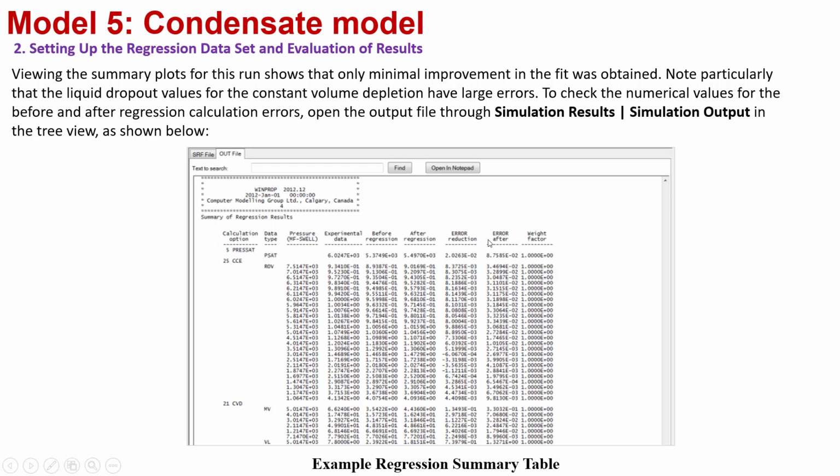At the same time, you can know the error after and before running the regression. And you can see the value of experimental data and after regression is closer than before regression.